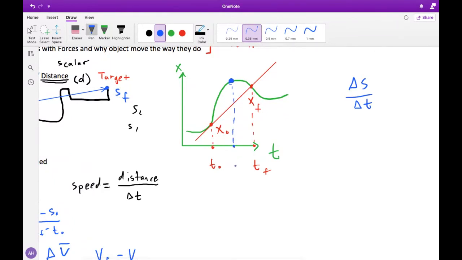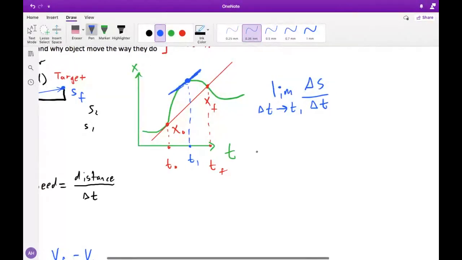Let's call this time T1. We take the limit as the time T approaches T1, and this limit gives us the instantaneous velocity at this point, which is the slope at that point right there.